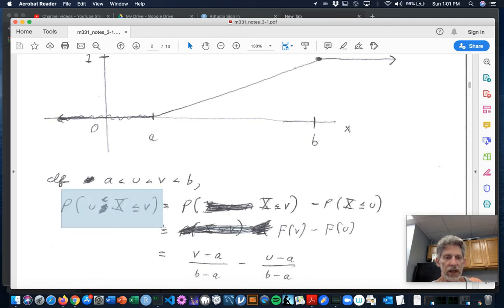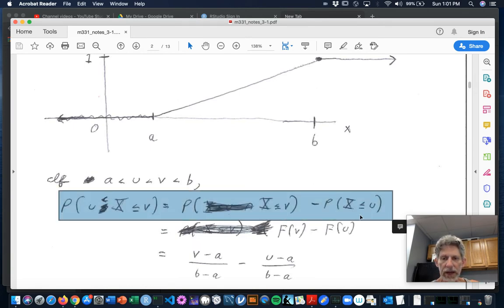How about if we look at the probability of being in the half open interval from u all the way up to and including v? I will argue that it's equal to this probability right here. And the way to see that is to take this equation and add the probability that X is less than or equal to u onto both sides. Okay, so do that on a sheet of paper and then come back.